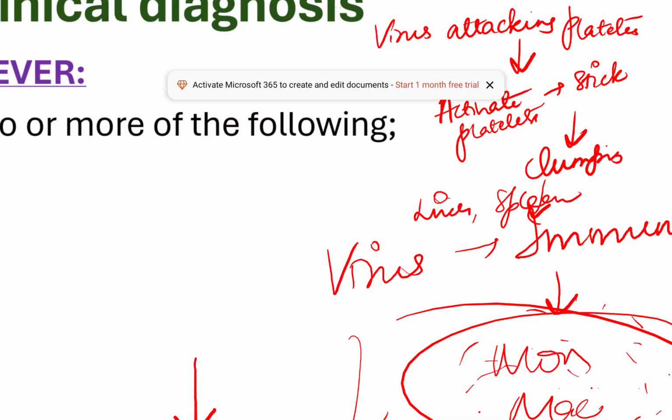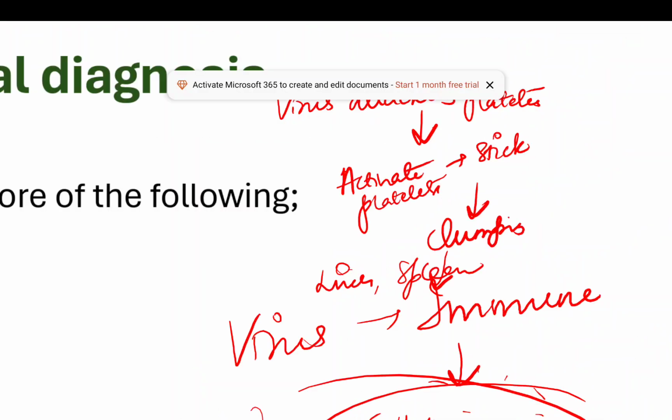Okay, and then the cytokines will cause the platelet destruction. The cytokines which are released are causing the platelets to be destroyed.